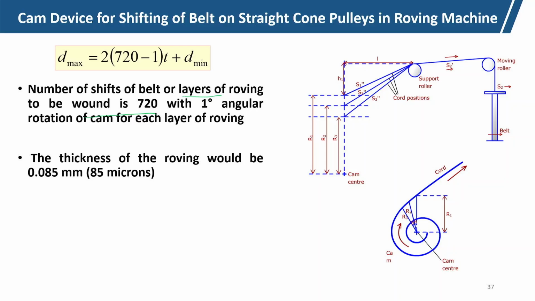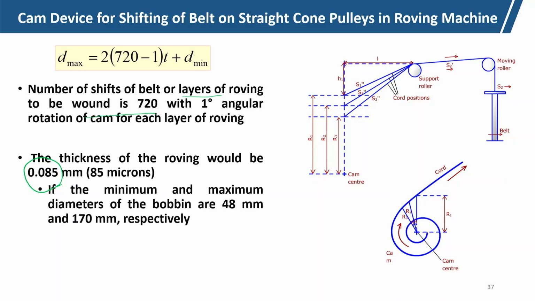The thickness of the roving would be 0.085, so 85 micron. How are you getting 85 micron here?